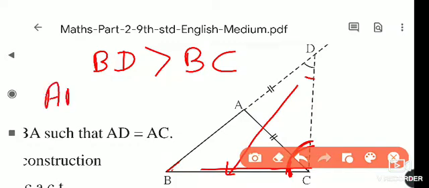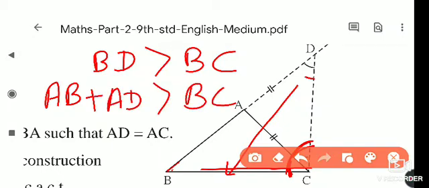So here AB plus AD is greater than BC. Now AD is congruent to AC because of the isosceles triangle, our construction. So I will replace AD with AC: AB plus AC is greater than BC.